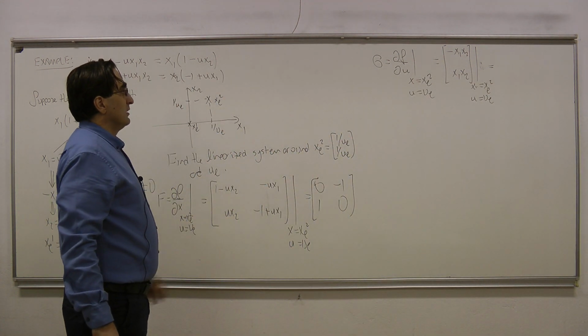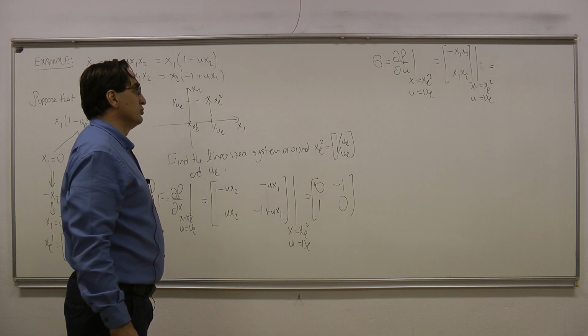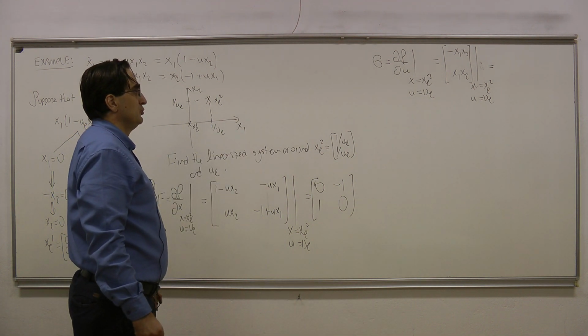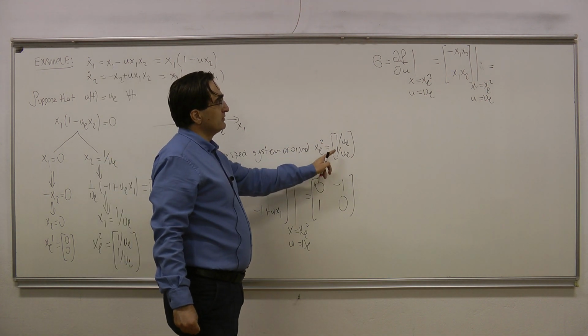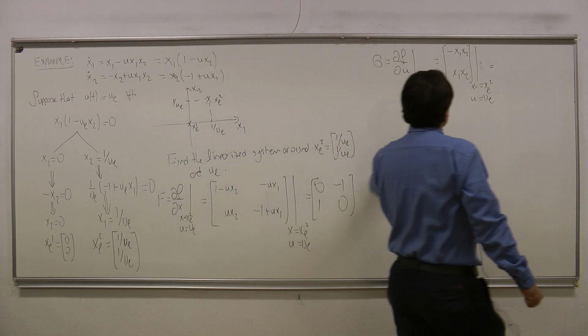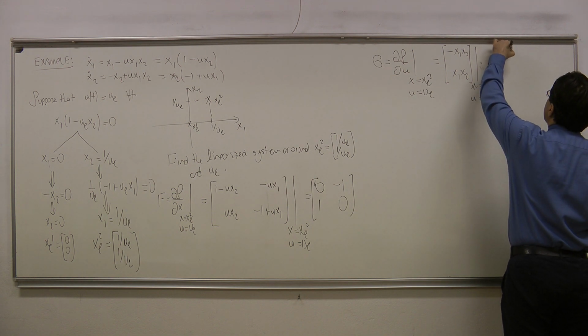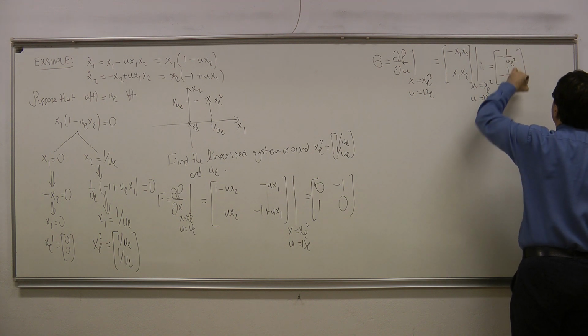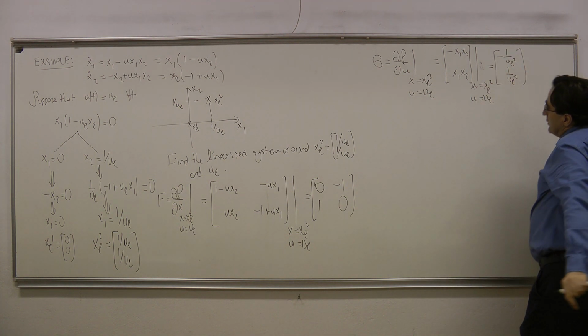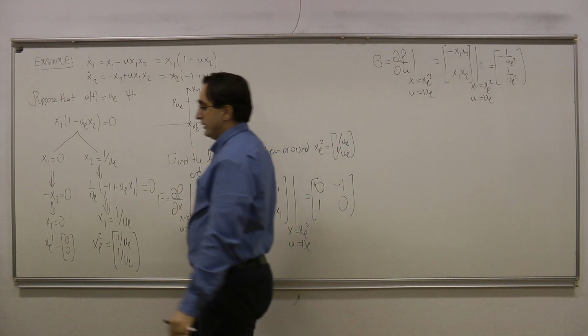We see that this Jacobian does not depend on U, so I don't care about what U is, but x1 and x2 are important here. I'm going to multiply these two elements, and that is going to be minus 1 over UE square and minus 1 over UE square. Sorry, this is plus. Plus 1 over UE square.